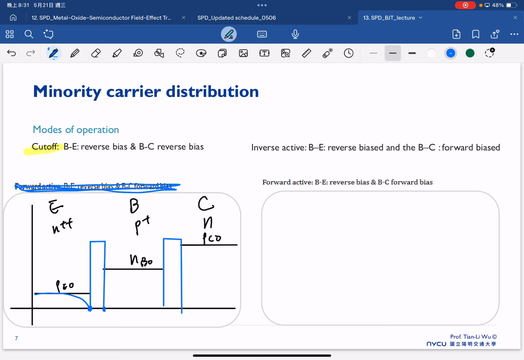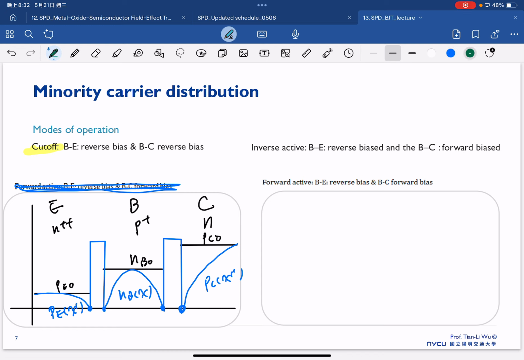And also this is 0, this is 0, so it should be in this way. And in the collector the same, this must be 0, so this will be here. So this is PCXS prime, NBX and PEX prime. That's the case for the cutoff.